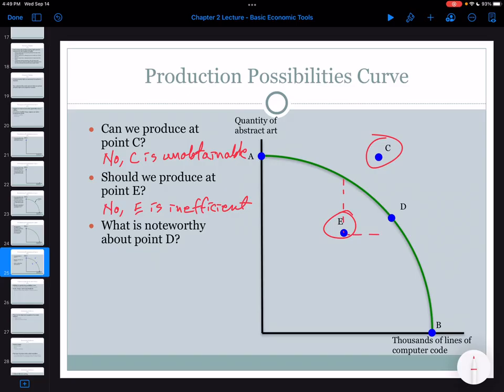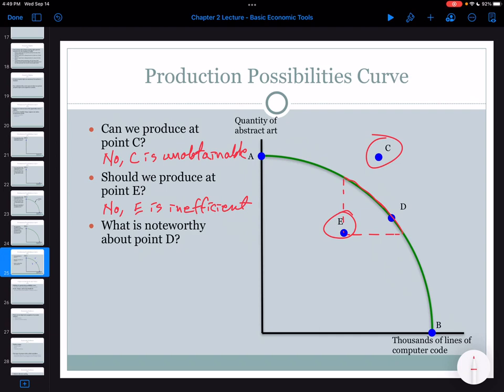Anywhere on this part of the production possibilities curve, between here and here, will always give us both more art and more computer code than we could have at point E, right? So E represents just not using our resources and technology and time well or efficiently. So E is inefficient.